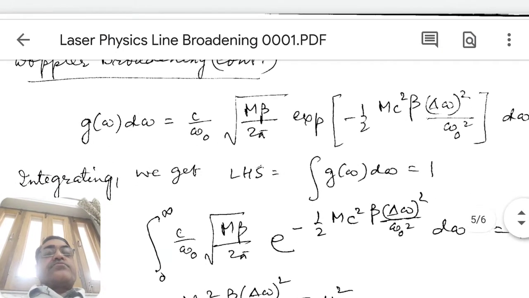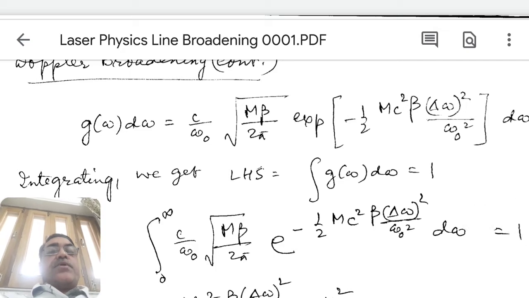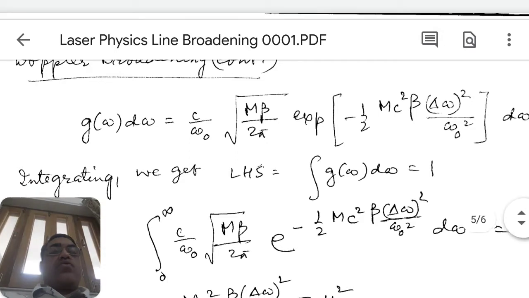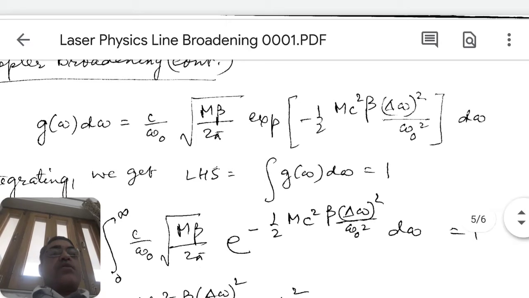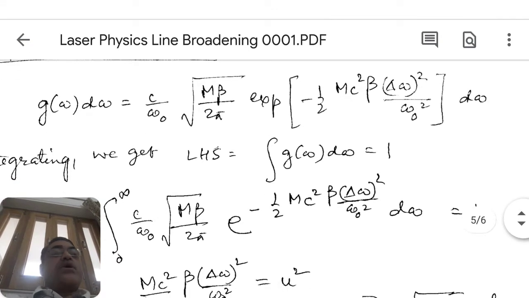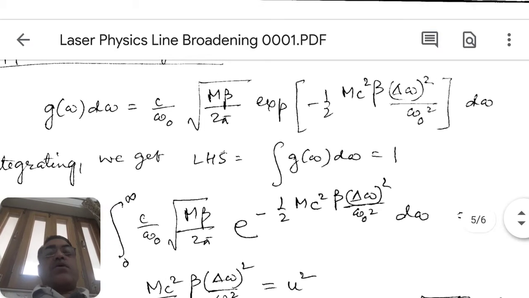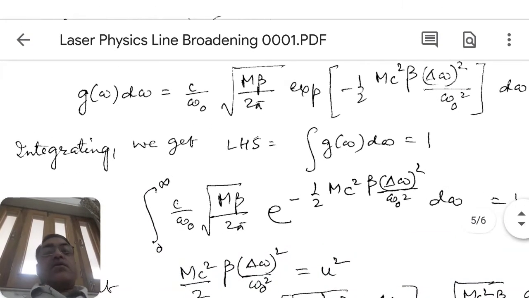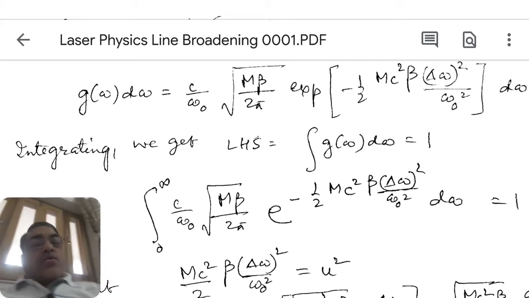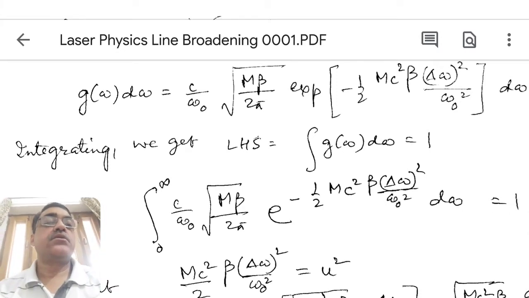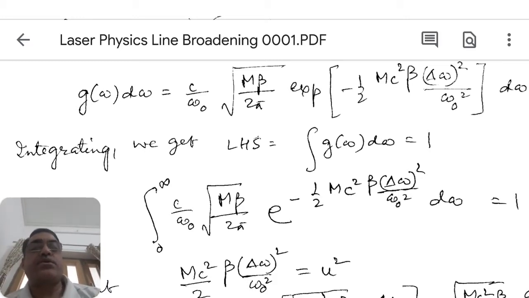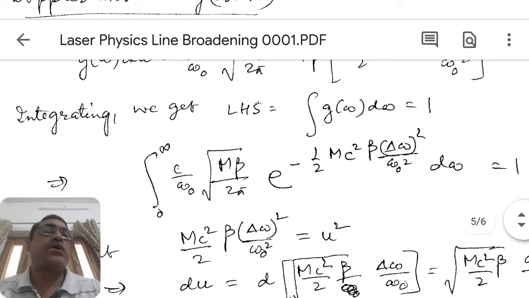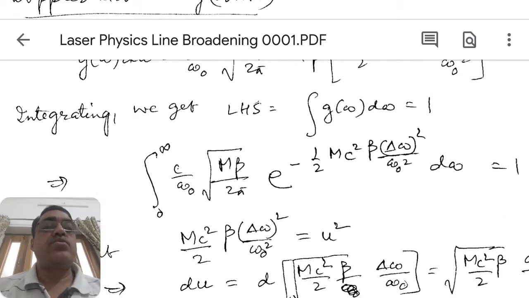Now the line shape gives g omega d omega is equal to c by omega naught under root of m beta by 2 pi exponential minus half m c square beta delta omega square by omega naught square, and we apply here the normalization condition that we have studied in the properties of line shape function, that integral g omega d omega must be equal to 1.